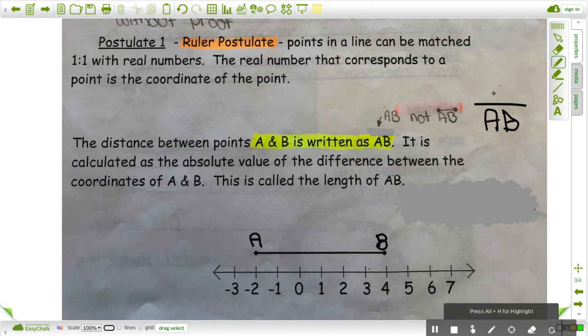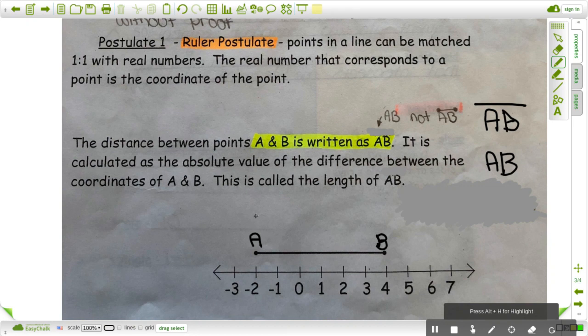But if you're trying to symbolize the distance between 2 points, it's actually written like this. It doesn't have the line. And the second part is trying to find the distance between 2 points. And that's basically the absolute value of the difference between the coordinates.